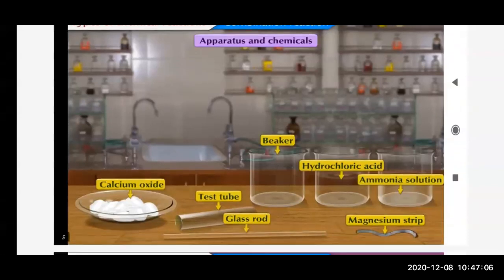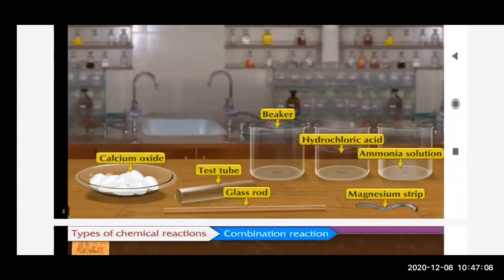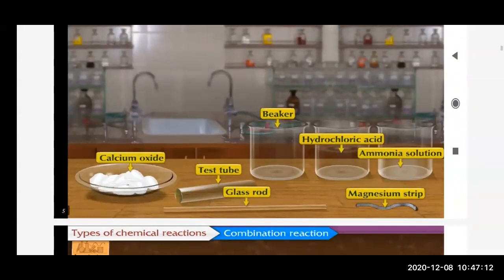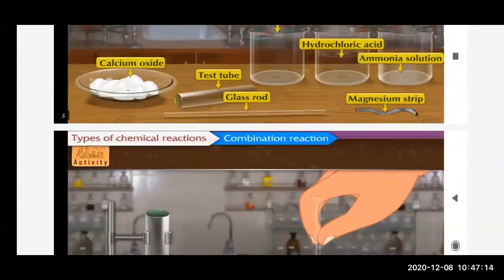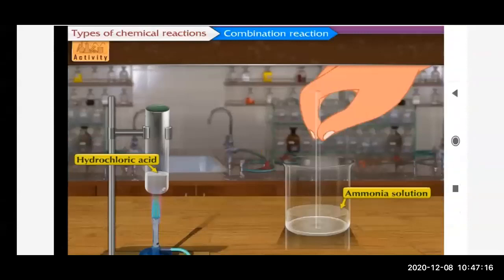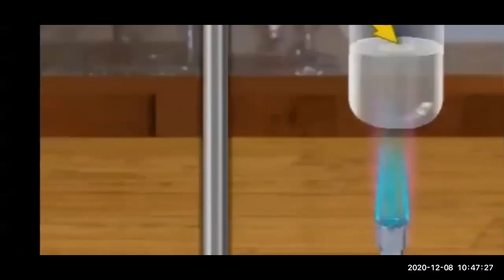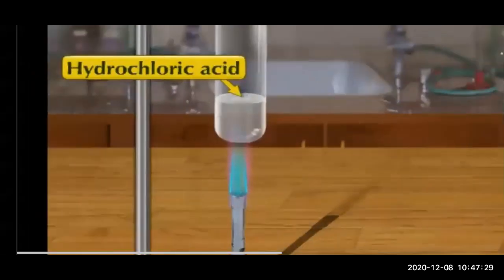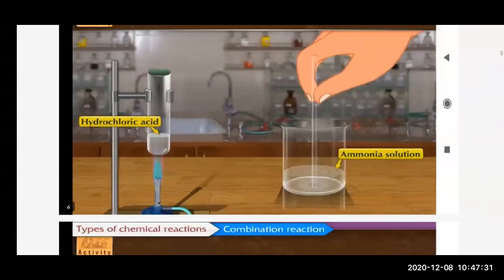Now we'll move on to the first activity, that is activity 1, which is given on page number 36. Take a small amount of hydrochloric acid in a test tube. On the left hand side you can see one test tube, and we'll take a small amount of hydrochloric acid in the test tube.